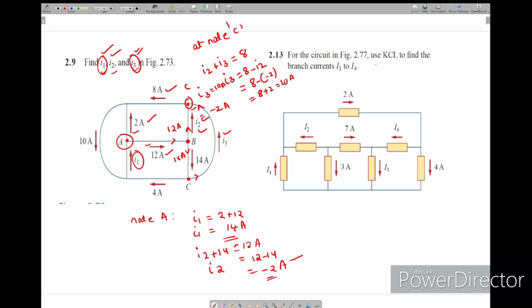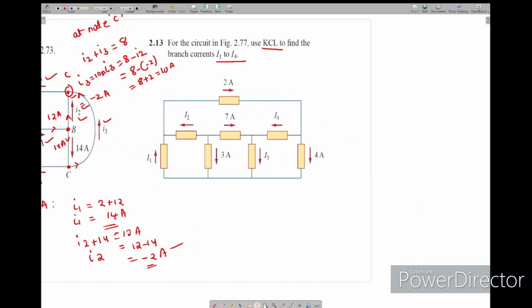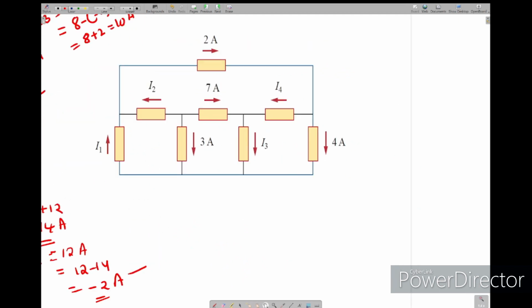For the next problem, same. By using KCL, we'll find I1 to I4. Now we have to find I1. At this node, we'll assume A. At A, I1 is entering, I2 is entering, and 2 amps is leaving.